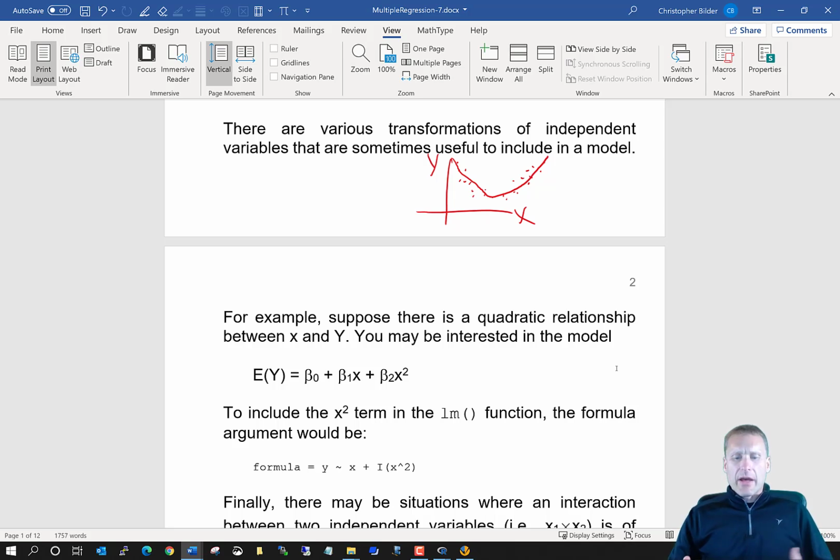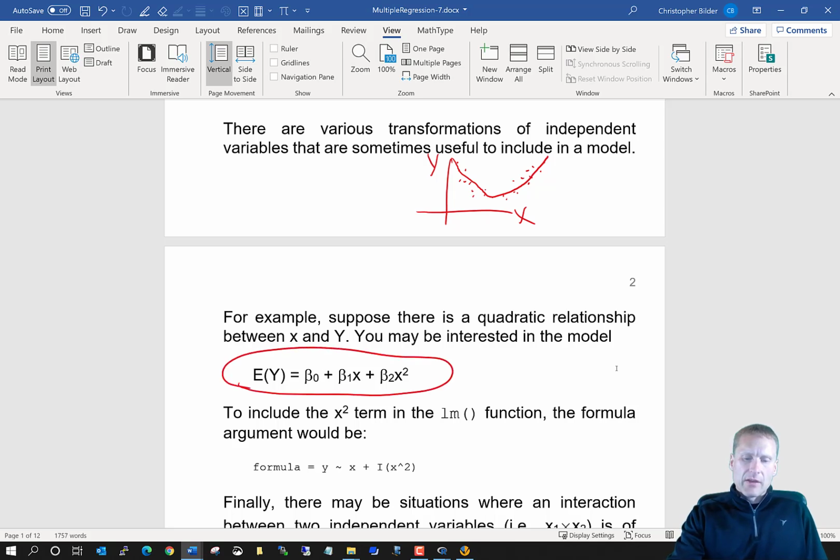Well, to account for that, what we might want to do is look at a model such as this. Expected value of y is equal to beta 0 plus beta 1 times x plus beta 2 times x squared. So that squared part there is what's going to capture that curvature that we see in that scatter plot.